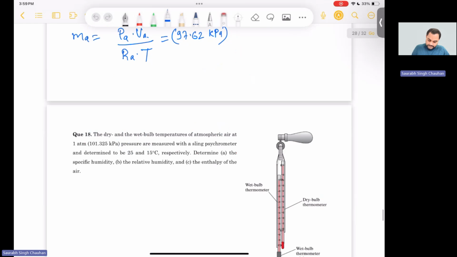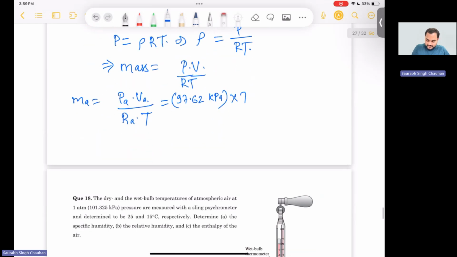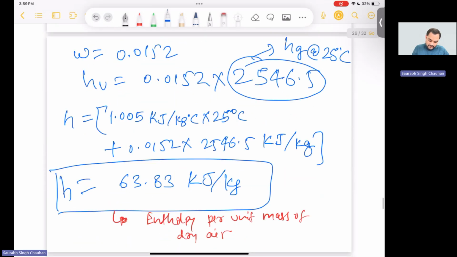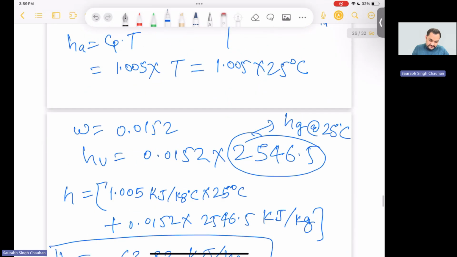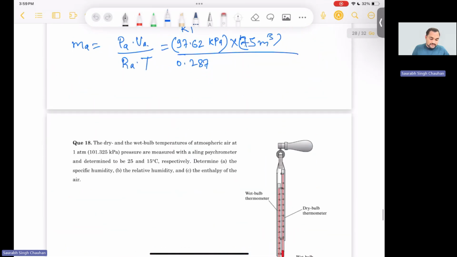So multiplied by 75 meter cube divided by gas constant for dry air, that I am taking 0.287. That is not given in this question, I think, but you can check this value in tables, or otherwise these values are usually given in the questions.